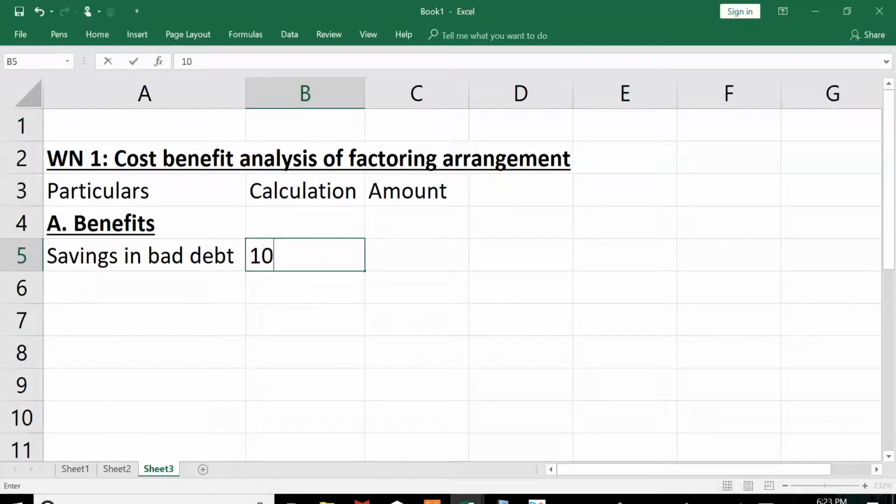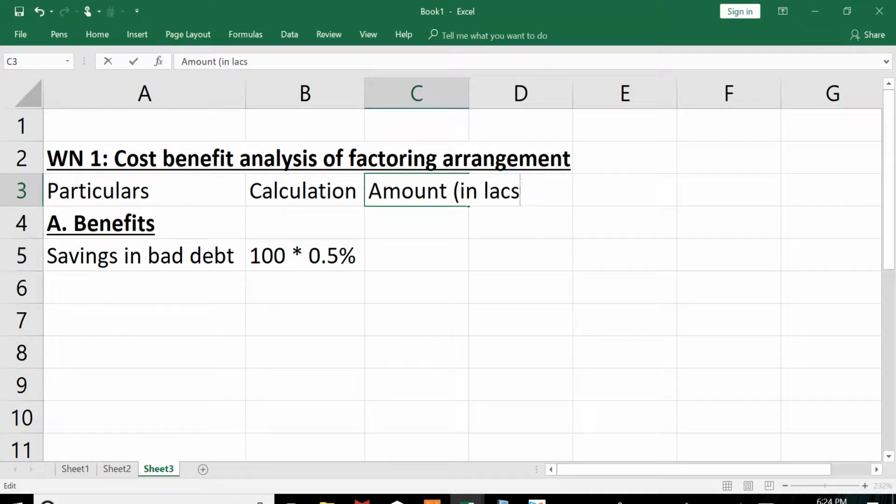So 100 lakhs into 0.5%. So we have a bad debt saving of 0.5 lakh, half a lakh on bad debt.